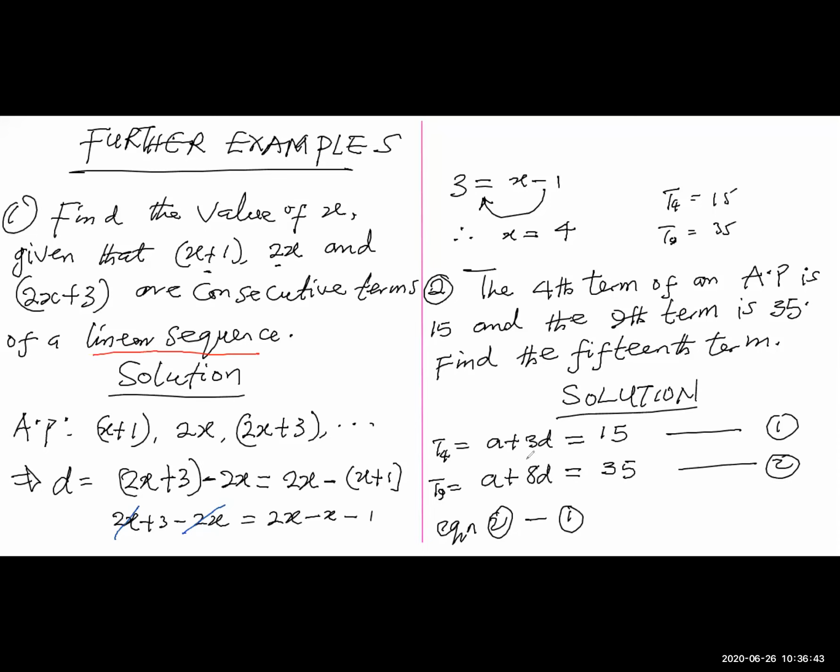So A minus A gives us 0. So A will disappear. 8D minus 3D will give us 5D. And 35 minus 15 will give us 20. So we now have 5D equals 20.